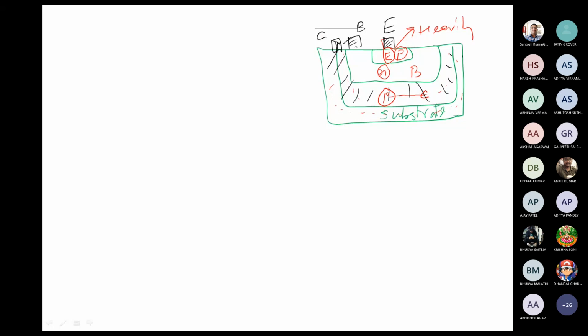Construction wise we see that the collector is the biggest region here. Area wise, collector is the biggest region, and the base is in between, and emitter seems to be the smallest region here.